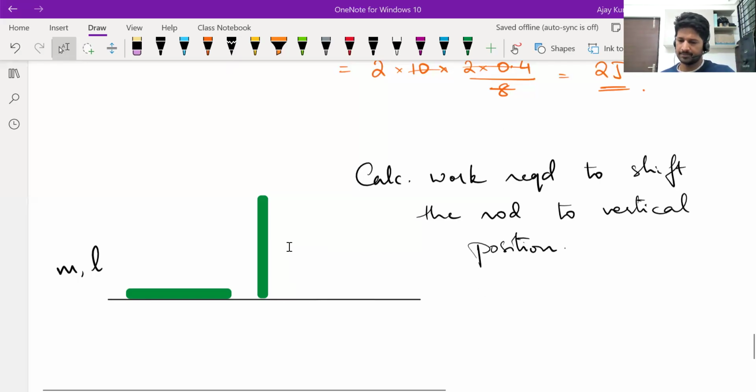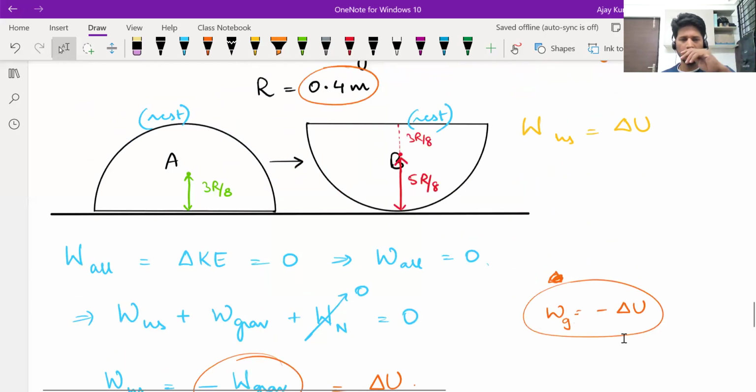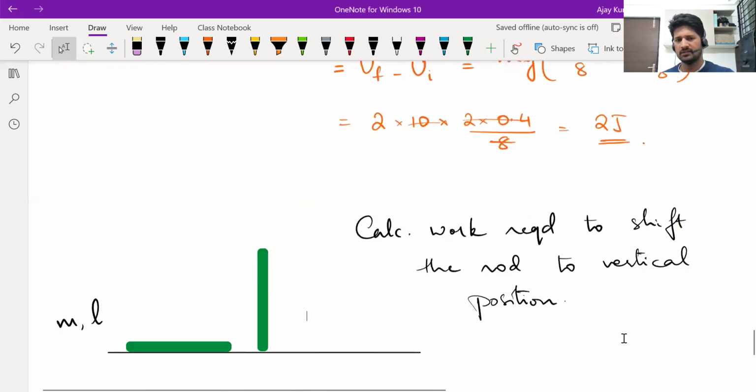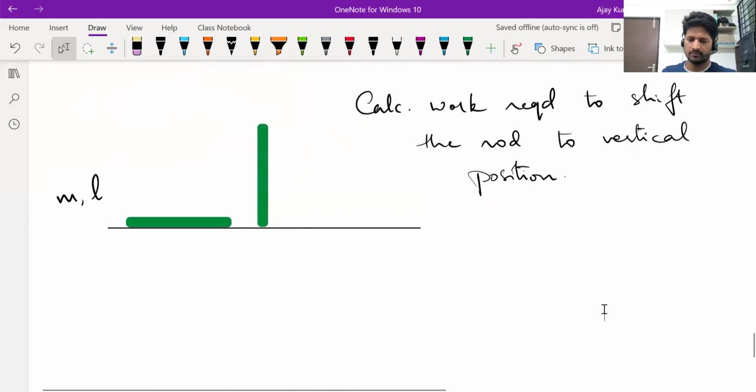Aishwarya, any answer? So 0. Why? In the previous case, to invert that solid hemisphere, we had to do work. Here, why is it 0? Pawan, any answer?